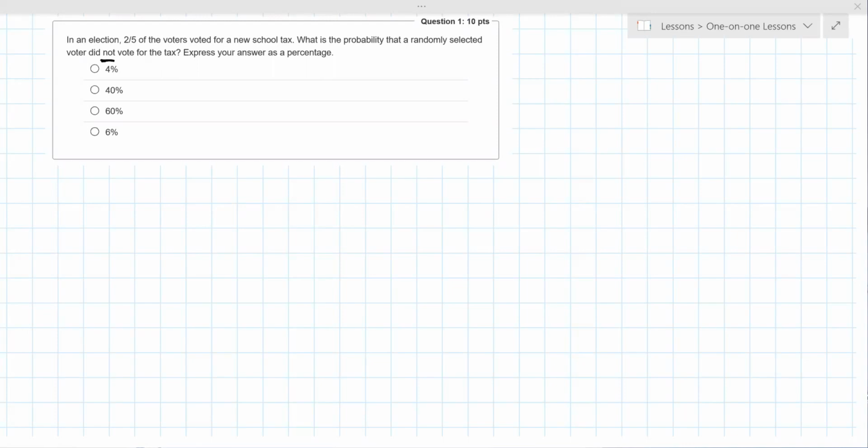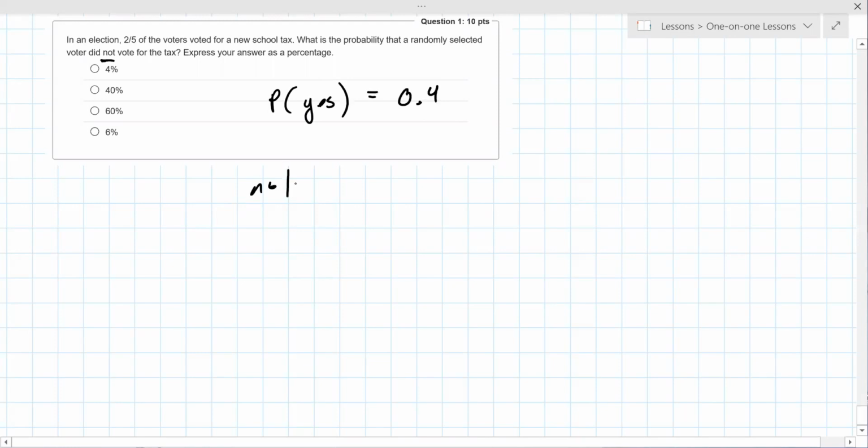I get 6%. Okay, so what's the probability of voting for the new school tax? Like, we'll just say a yes. What is that? It would be 0.4. Good. 0.4. Okay. So now the probability of not is 1 minus that. You get 0.6.